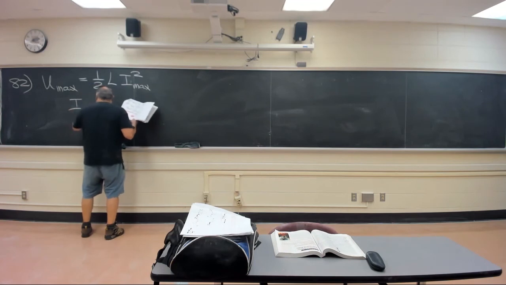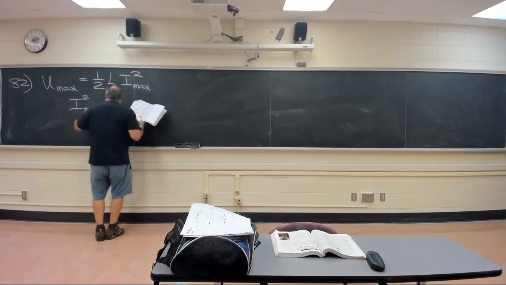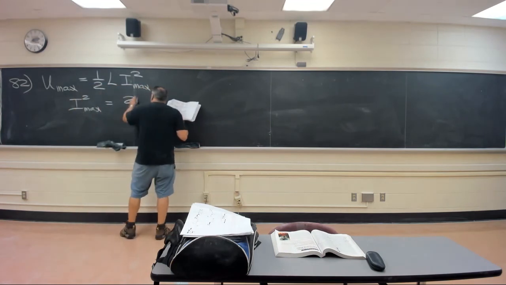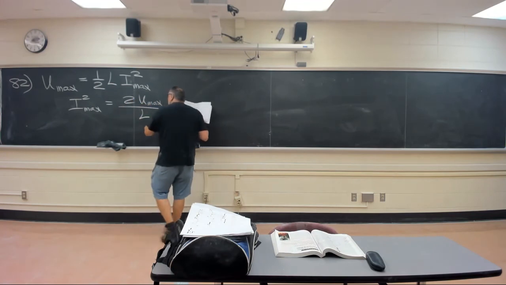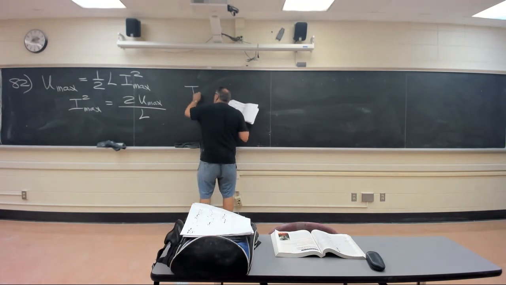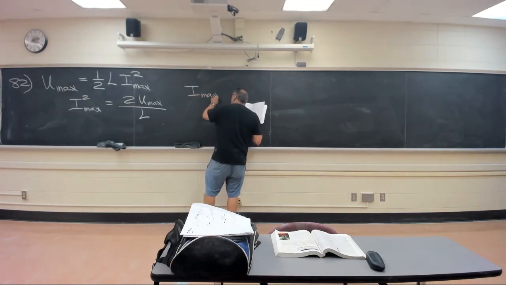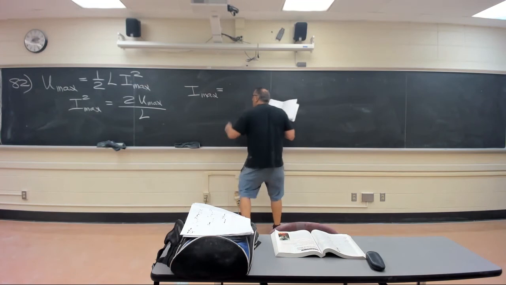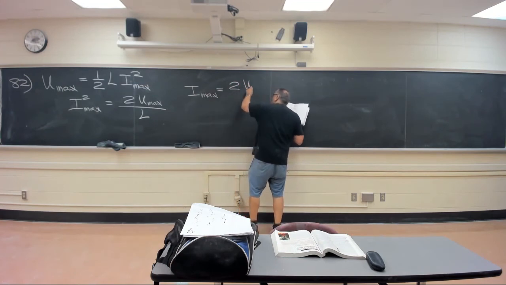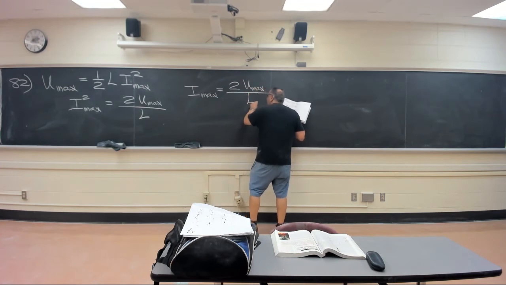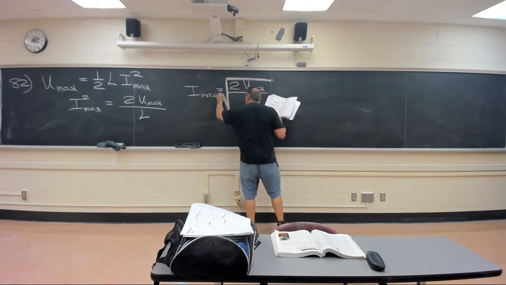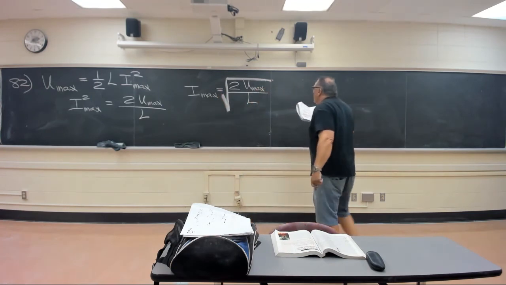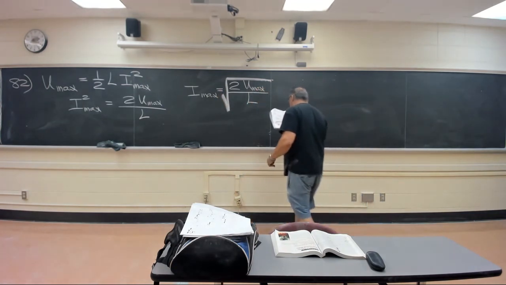Basically, you get I max squared by itself if you multiply by 2 on each side and divide by L. Square root each side, the square root of all that.